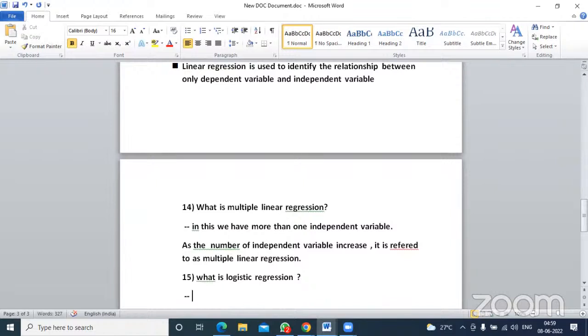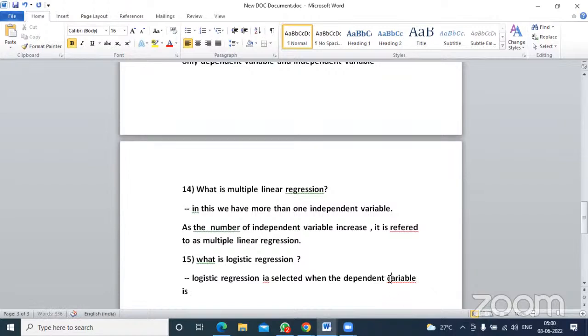What is logistic regression? Logistic regression is selected when the dependent variable is categorical.